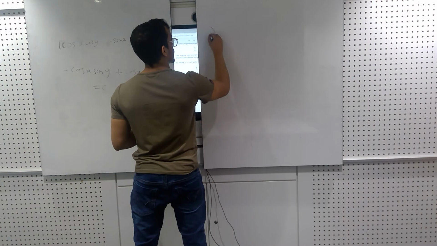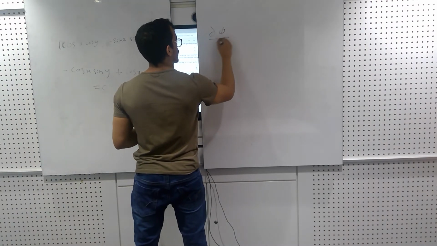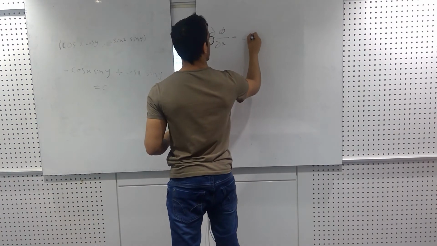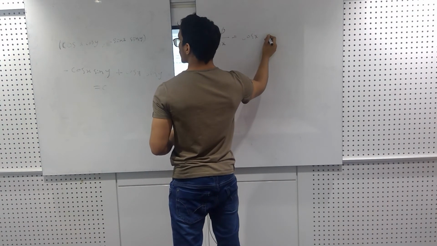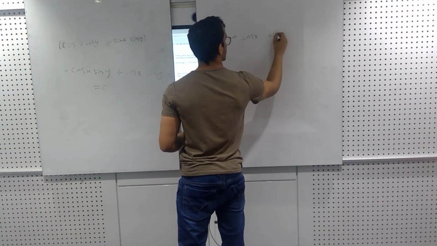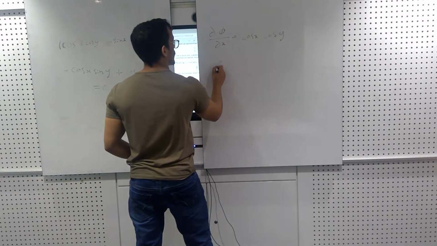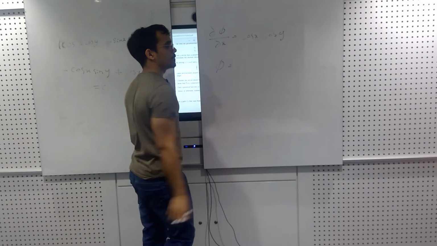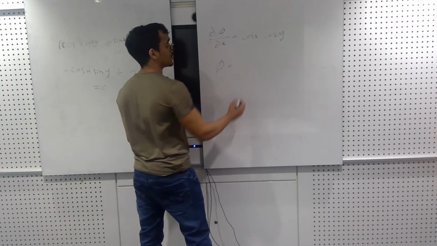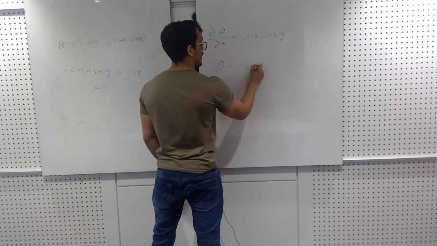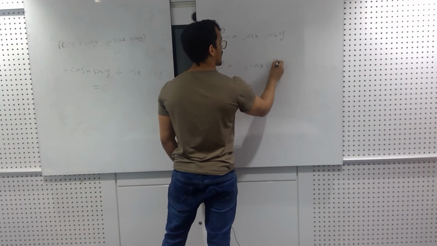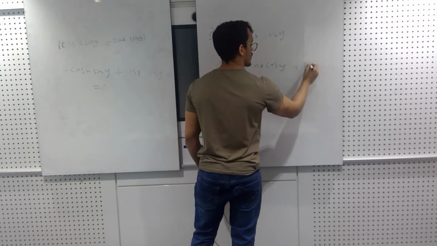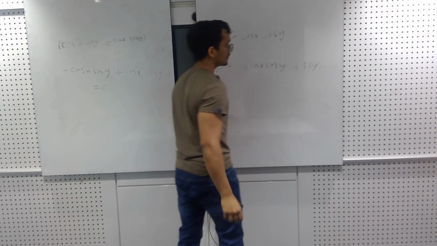the derivative of the potential function with respect to x. It will be the first component, cosine of x cosine of y. So the potential function will be equal to, you integrate this thing with respect to x, so this thing will be equal to sine of x cosine of y plus some function in terms of y.